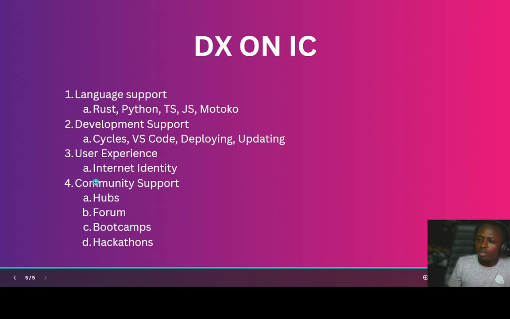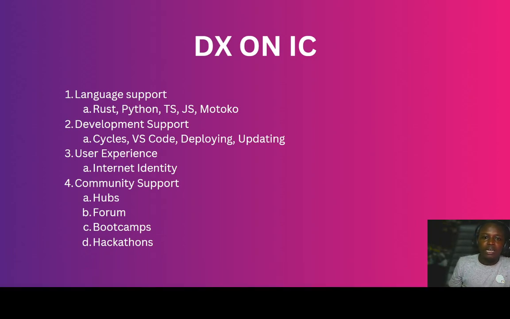Now, community support. Well, I can say that the community on Ethereum is quite larger than the one on the IC. But what the Internet Computer did differently is that, with new blockchains out there, when they start they have this kind of low support.